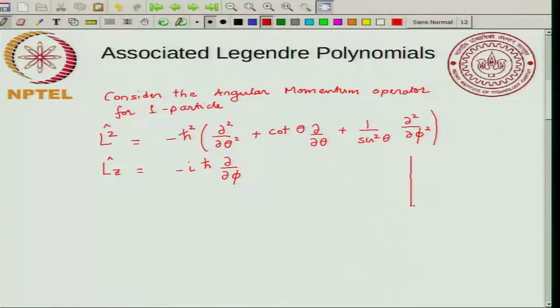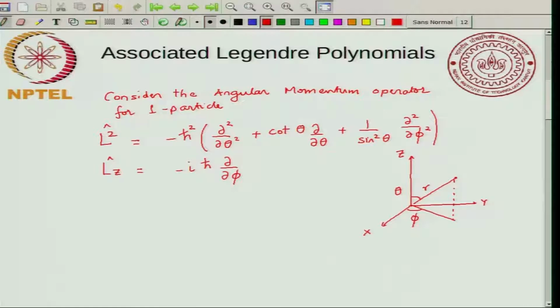You can imagine that if these are your axes x, y, z, and you have a point r which has coordinates x, y, z, then we express the coordinates in terms of r, theta, phi, where r is this distance, theta is the angle with the z axis, and phi is the angle that the projection of this vector onto the xy plane makes with the x axis. In spherical polar coordinates these are the operators for L square and Lz.